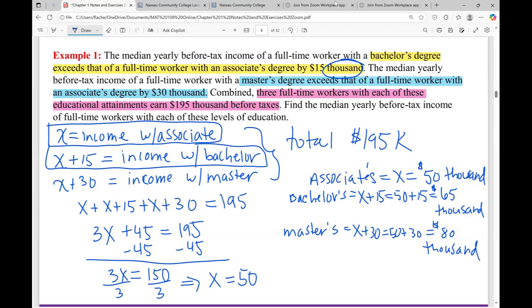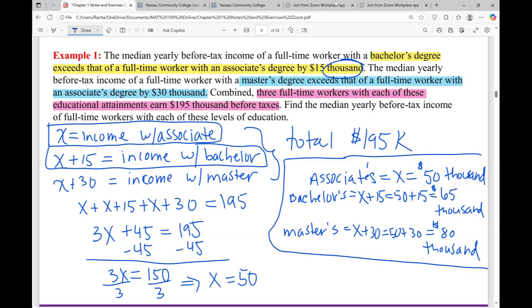So somebody with an associate's degree earns 50,000, bachelor's degree 65,000, and these are all averages, the median, which is an average, and a master's degree is 80,000. So this is the answer to our question. And you always want to go back and check your answer. I'm not going to check my answer for every single one of these. You could always check your answers after the fact, but let's do it for this one.